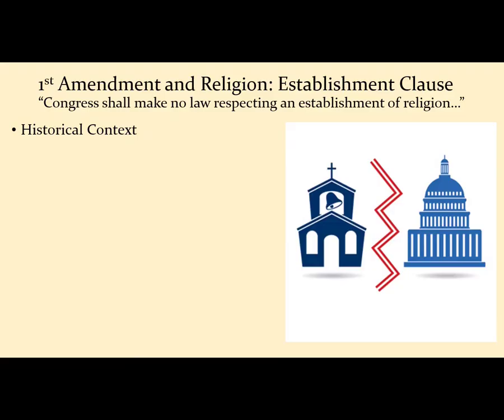It was because at the time, in the late 1700s, many governments, most, if not every government, had a state-sponsored religion. For example, most of the early settlers in the New England colonies came from England, and in England, the Anglican Church was supported by the government.